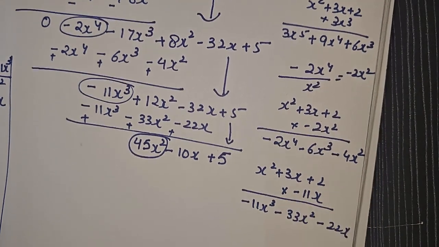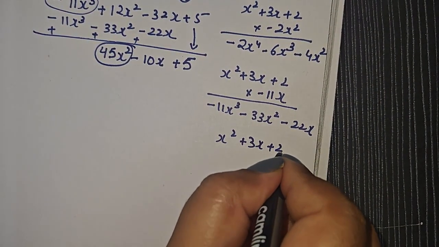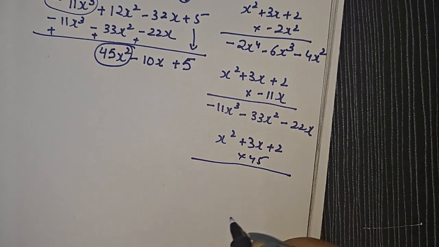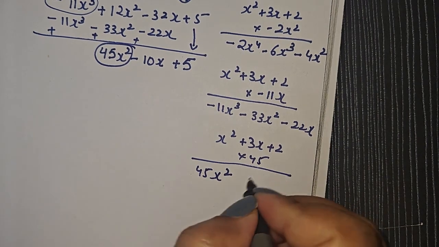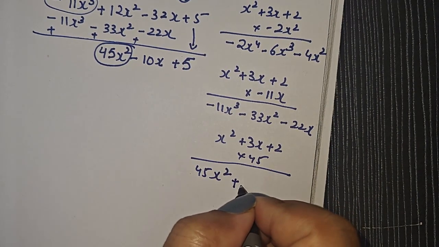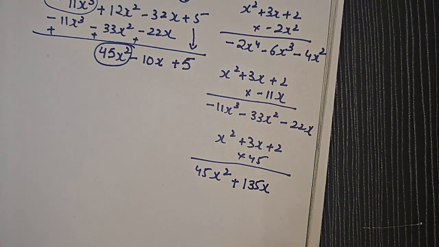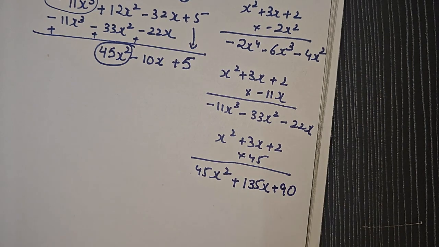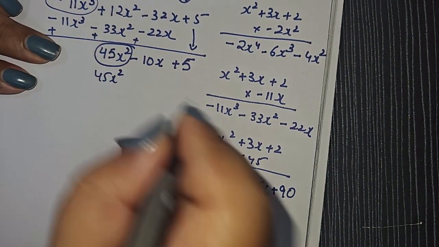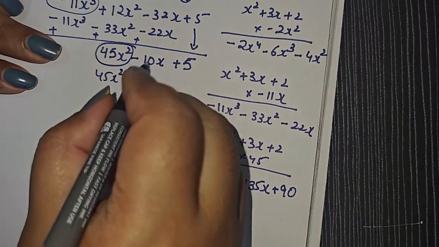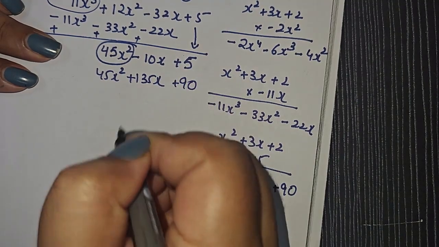We have x square plus 3x plus 2 times 45. So we have 45x square, plus 135x plus 90. Start replacing it here. We have 45x square, plus 135x plus 90.